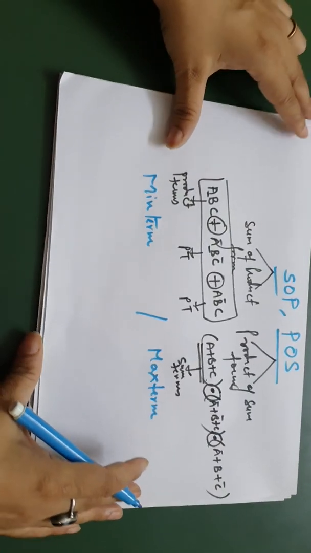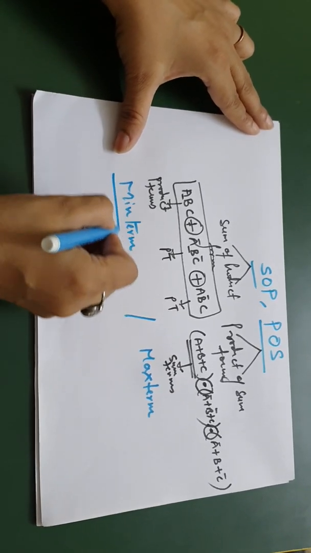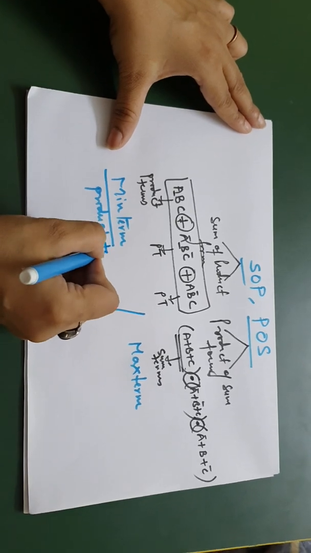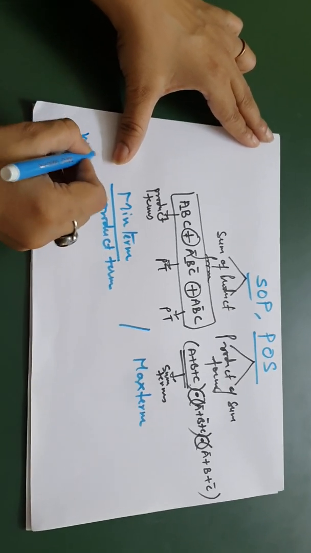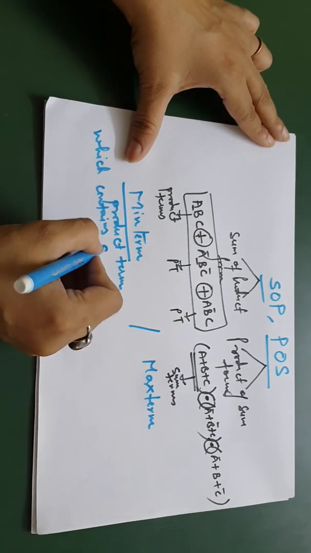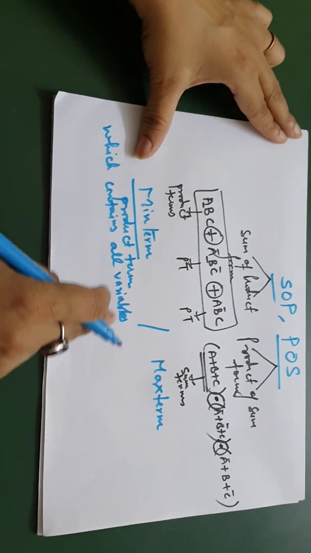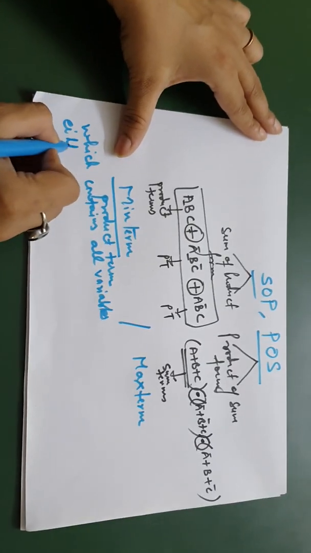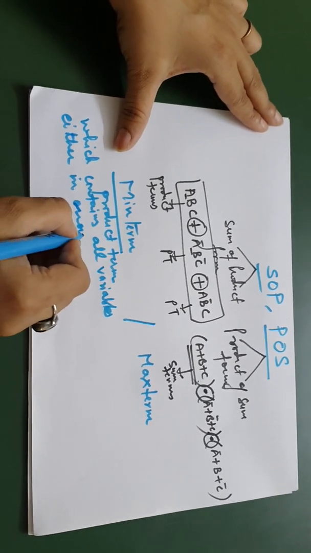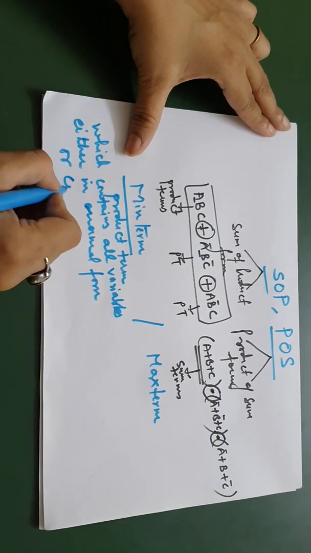Okay. So min term and max term. How do we define a min term? A min term is a product term which contains all my variables, either in normal form or complement form.